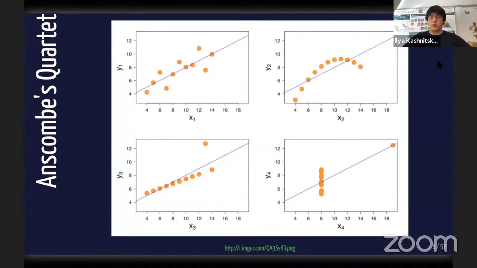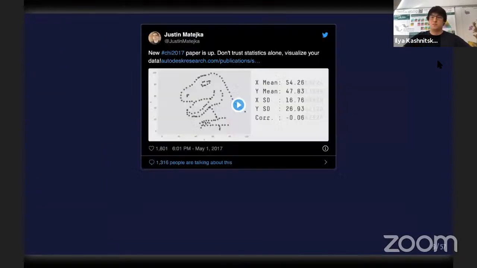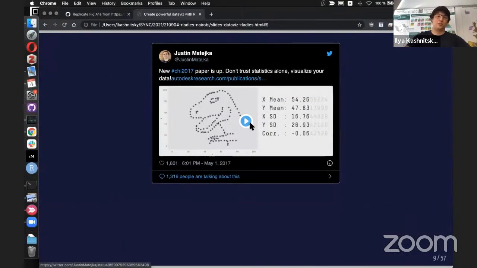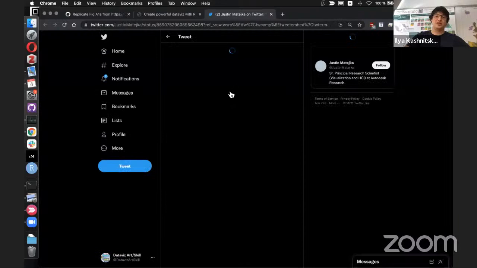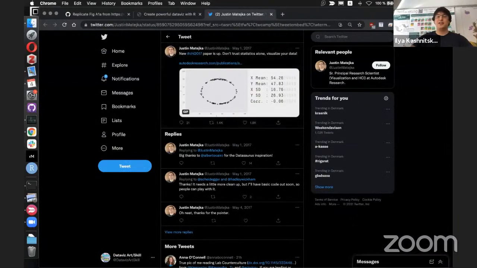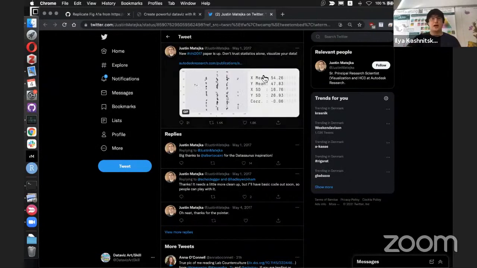There was a recent implementation of the same idea, and unfortunately the stop image just spoils the fun. Sorry, it's a bit small, but all these data sets share the same summary statistics: mean, median of the 2 variables, the standard deviations, and the correlation, up to the third digit.